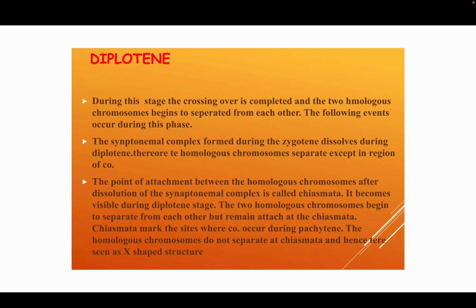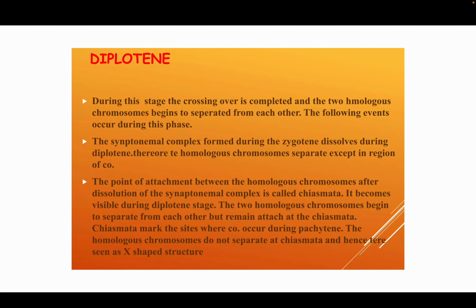From all the sides the synaptonemal complex will get disassembled, but where the crossing over happened, that site will remain attached to each other. That is called chiasmata, and it becomes visible during the diplotene stage. So the two homologous chromosomes begin to separate from each other but remain attached at the chiasmata at the diplotene stage.